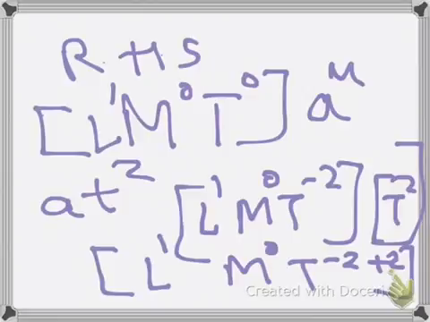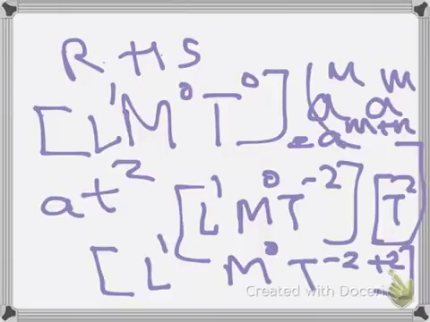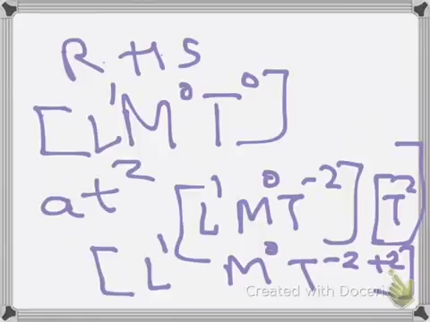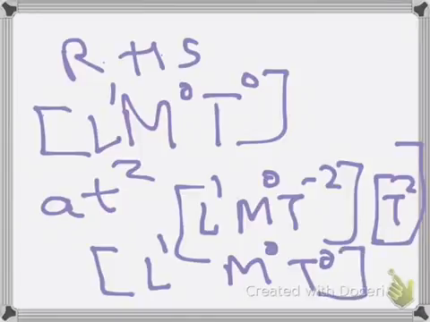So looking at this, we have L1 M0 T minus 2 plus 2, yeah, it's minus 2 plus 2. This is the formula anyway. So similarly we use it for time, and then we have the equation turning into something like this. So all the things have similar dimensions.